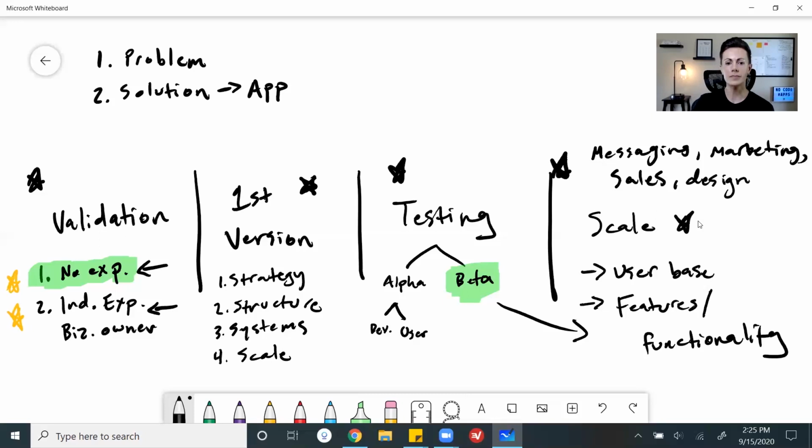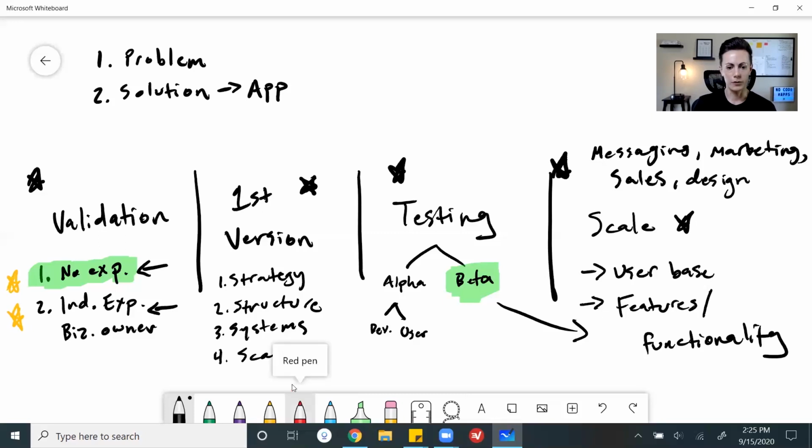Now, what I want to talk about next is what most people skip, right? There's a lot of steps here, and I'll go out on a limb and say 95% of people skip almost every single one of these steps.